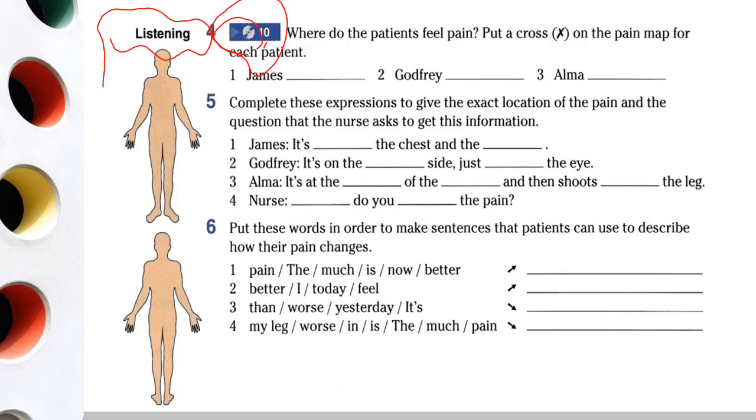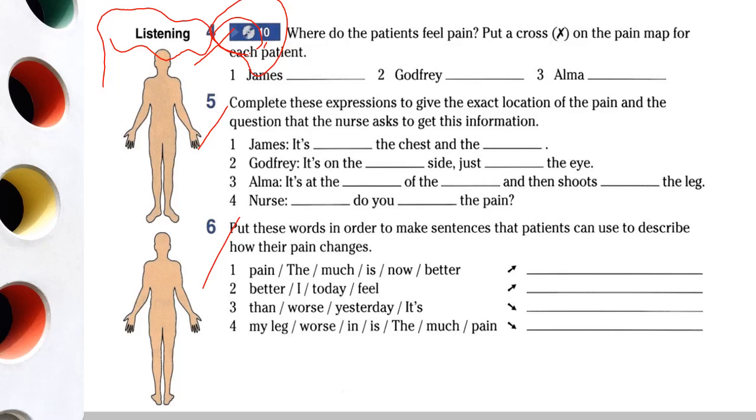So now we are going to listen to some conversations, and according to those conversations, we are going to answer 4, 5, and 6. For the conversations of this part, I'm going to read it for you and then start answering the questions.